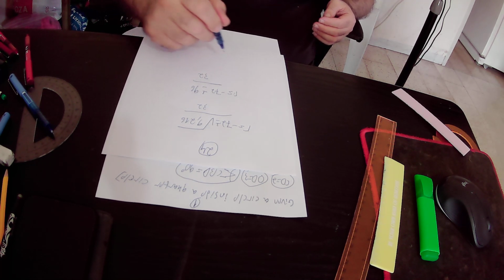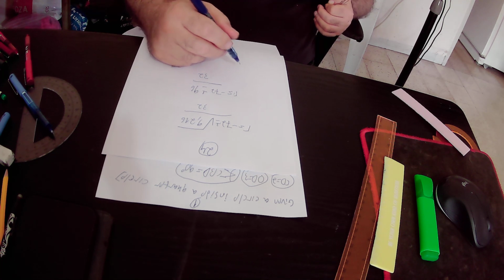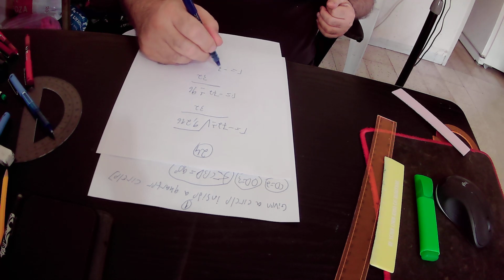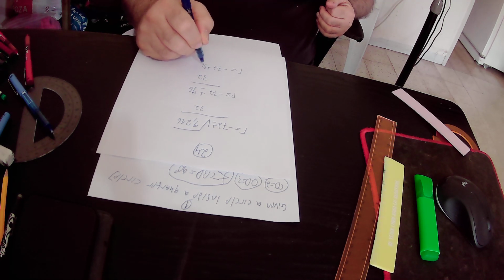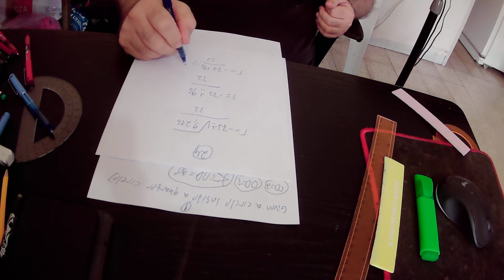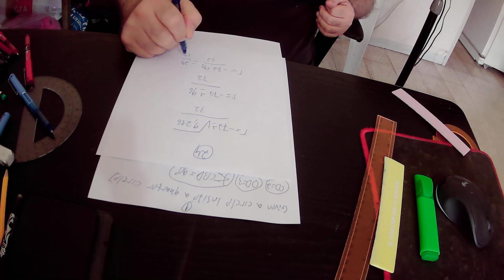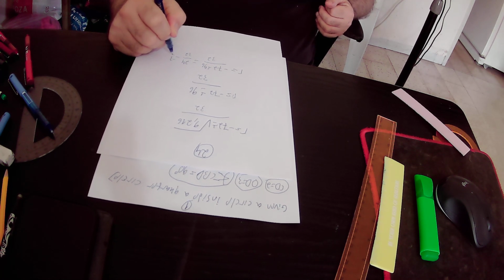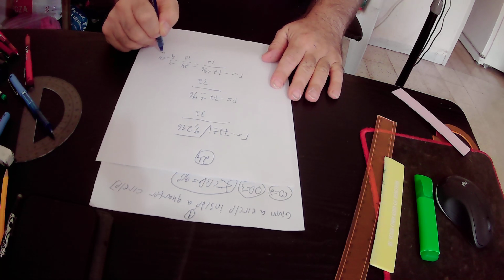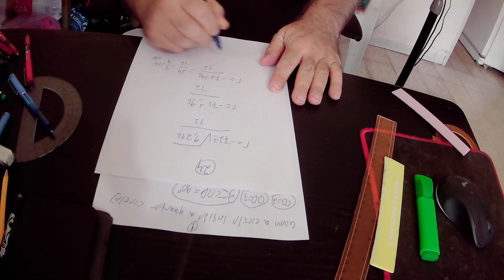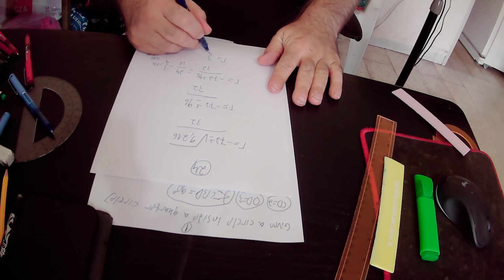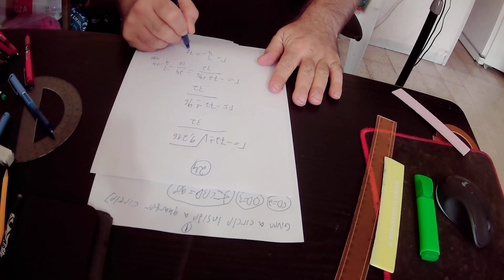So the first solution to this equation is that r equals minus 72 plus 96 over 32, and 96 minus 72 is 24, and 24 over 32 is 3 over 4, or 0.75 units. Okay, so the first solution is that the radius of the small circle equals 3 over 4 units, or 0.75 units.